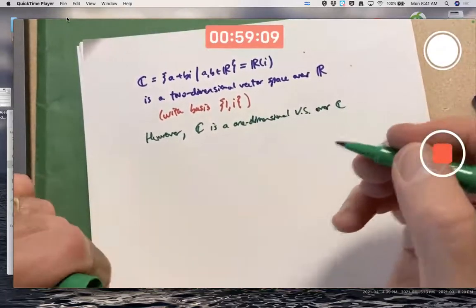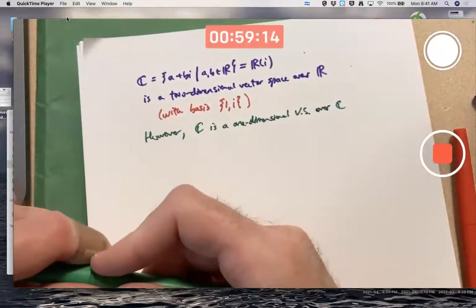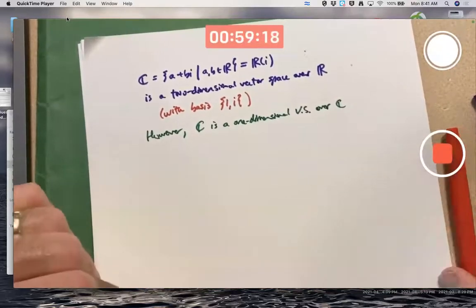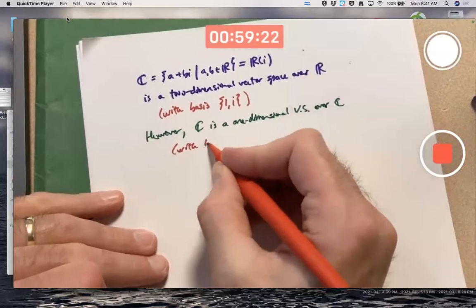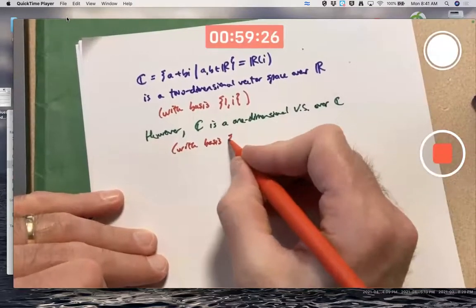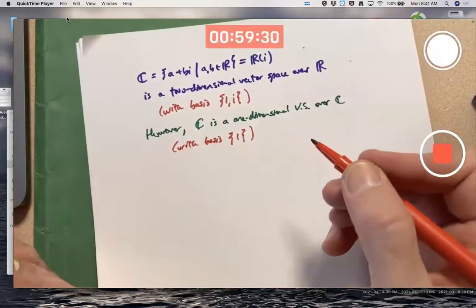In fact, any field is a one-dimensional vector space over itself. What would a basis be in this case? Well, take any non-zero number, like 1, and that'll be a basis. Why?